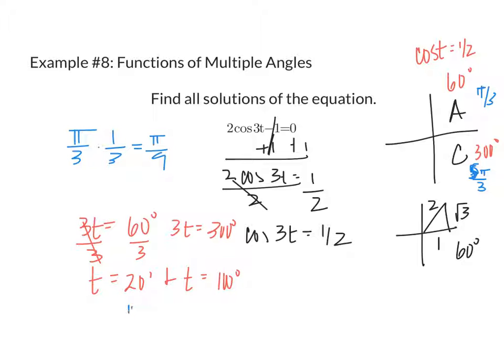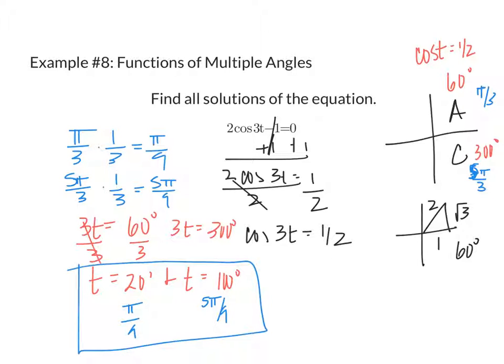So 20 degrees is the same thing as pi over 9. And 5 pi over 3, if I multiply that times 1/3, gives me 5 pi over 9, which is the same thing as 100 degrees. So those are your solutions for our first equation.